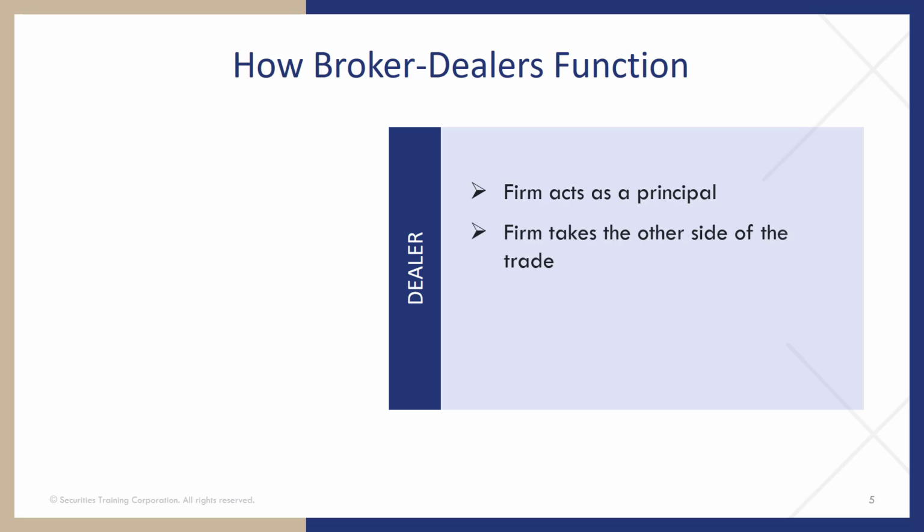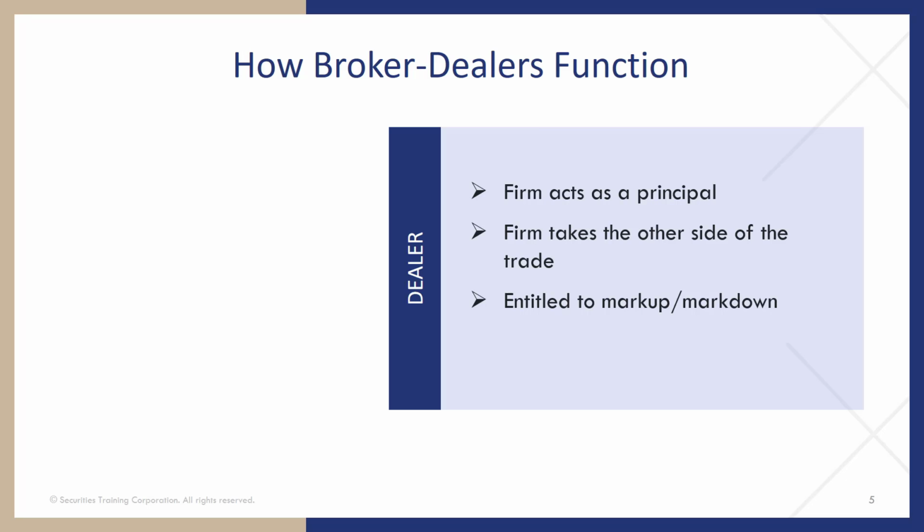So imagine for a second, you are selling your home, and instead of a broker finding another entity, the person representing you bought the home from you using their own money. That would be called acting as a dealer and acting in a principal capacity and taking the other side of the trade. And the compensation to a dealer is different than a broker.